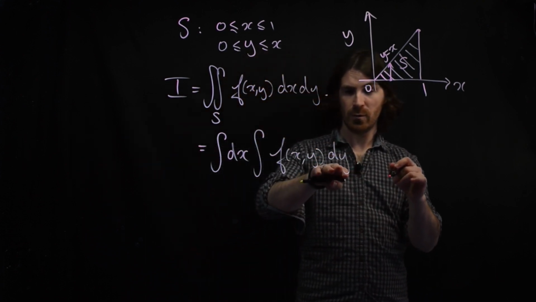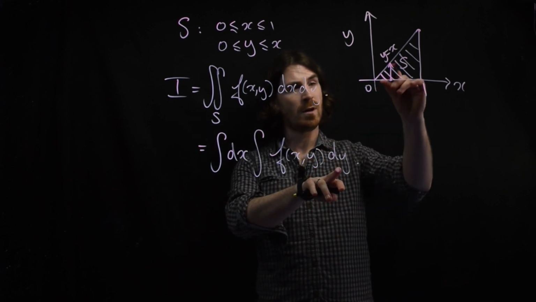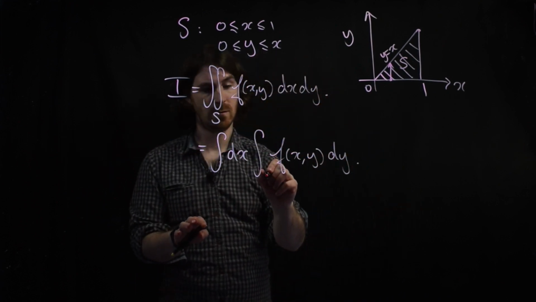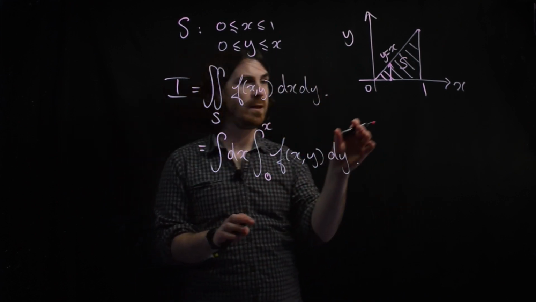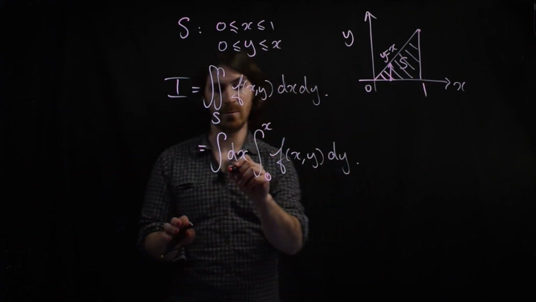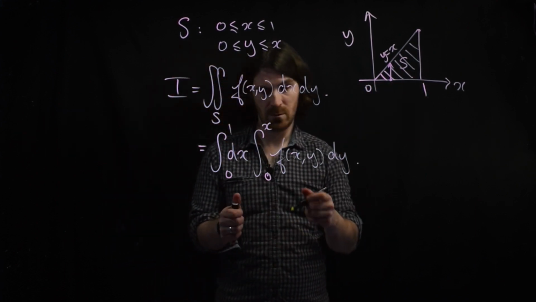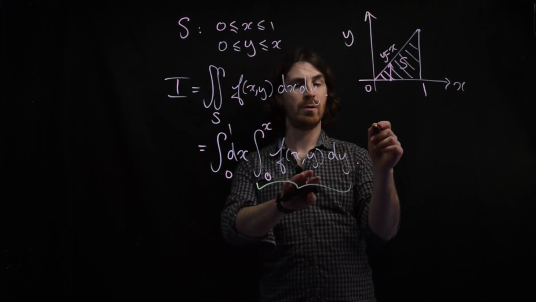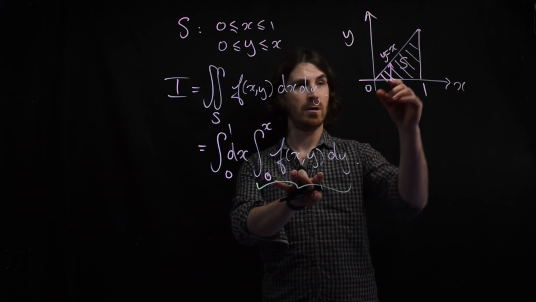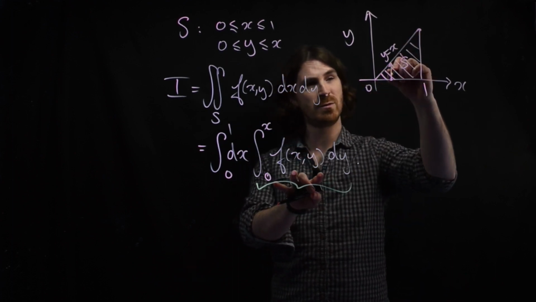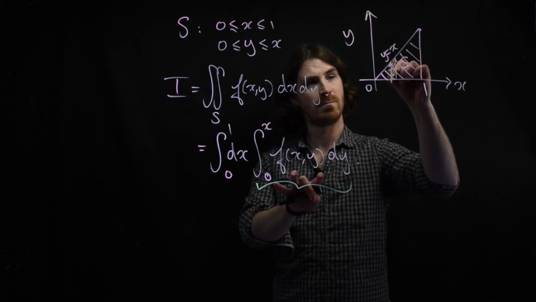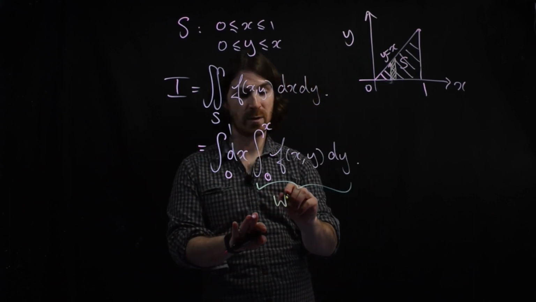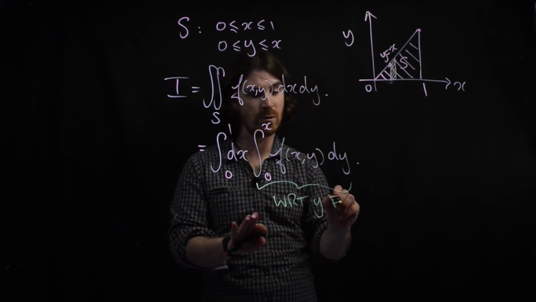So we're going to integrate over y, and y can go between 0 and x. And then x goes between 0 and 1. So what we're saying is that this first integral, basically we're splitting up our region into strips at some x. So this is an integral with respect to y for some x.